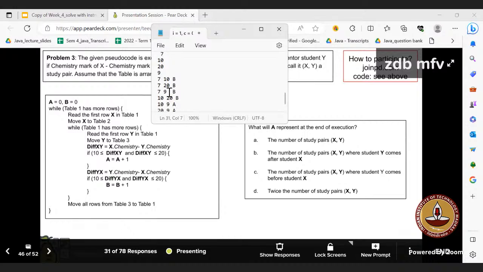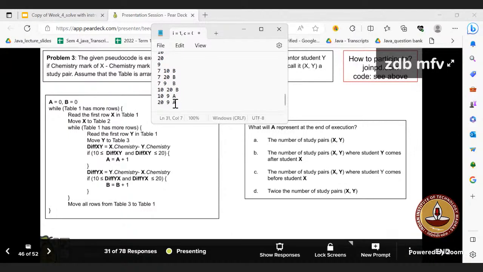Correct? Yes, ma'am. For B, what you are doing? For B, you are counting it as a study pair if y comes before student x, no? So, yeah. Have you understood this? For A, what is A?